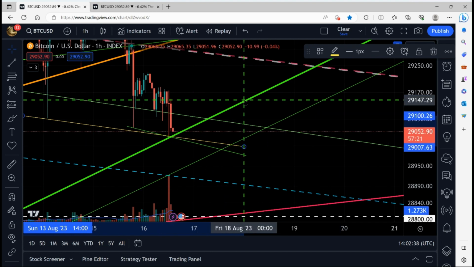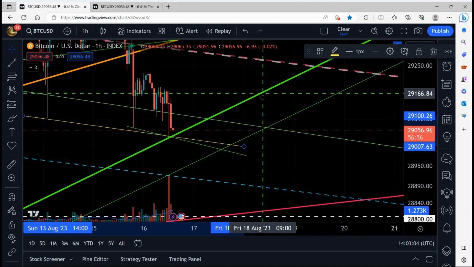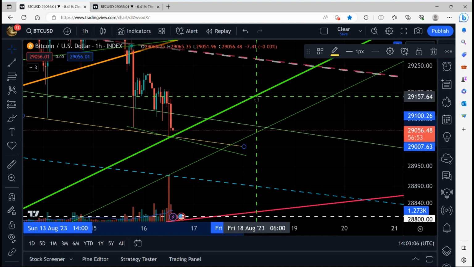However, it depends on how you draw the line. When you're drawing these trend lines, what I try to do is include as many wicks as possible, trying to get as close to the end of as many wicks as possible in the trend. And that's what this thick green fluorescent line does.